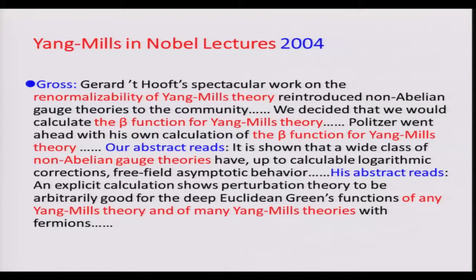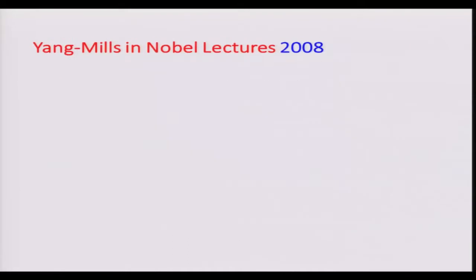Then he quoted the abstract of the paper: it is shown that a wide class of non-abelian gauge theories have, up to logarithmic corrections, a free field asymptotic behavior. Politzer's abstract says explicit calculation shows perturbation theory to be arbitrarily good for the Green functions of any Yang-Mills theory and many Yang-Mills theories with fermions.